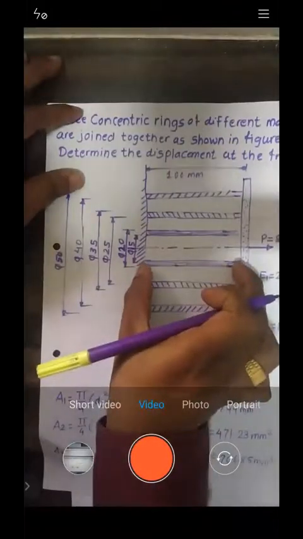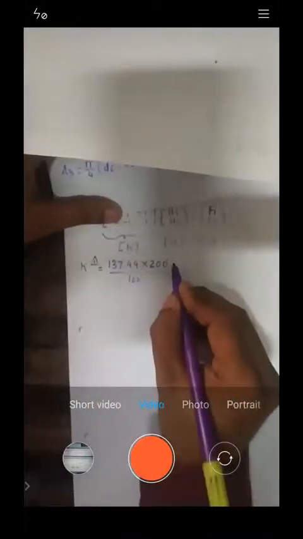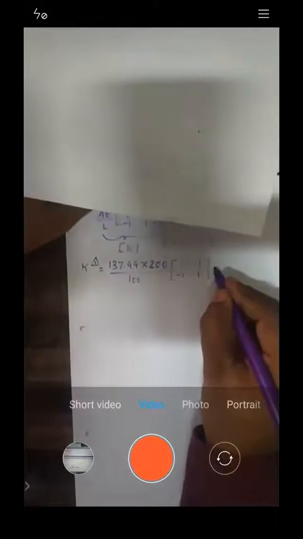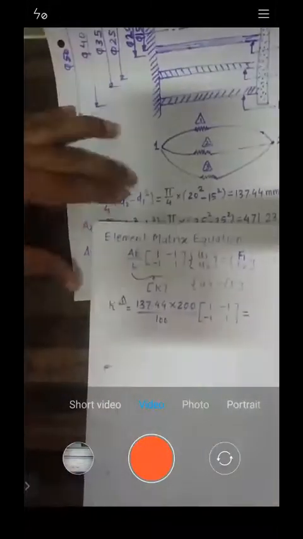So E is 200, divided by L. What is the length of this element? It is given as 100 mm. The length of every element is 100 mm. So upon 100, into [1 -1; -1 1], right? Clear? Tell me how much you are getting.